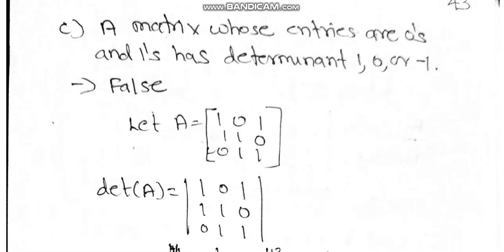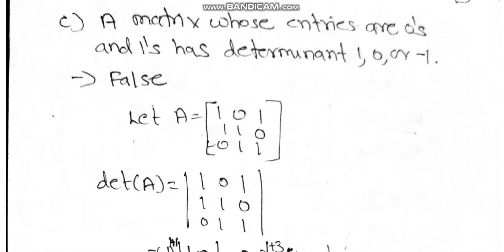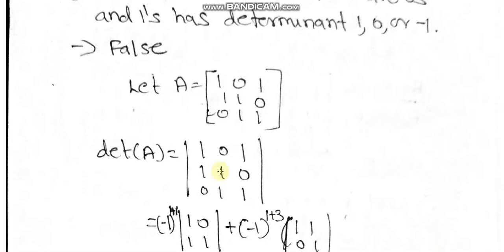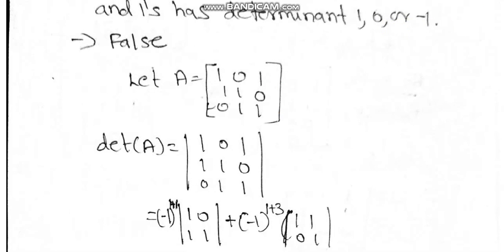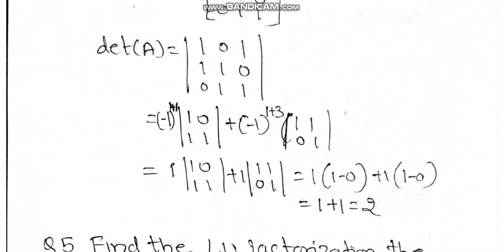Next is: a matrix whose entries are zeros and ones has a determinant of 1, 0 or minus 1. If I take the entries in terms of ones and zeros, what will be the determinant of this? Either it should be 1, 0 or minus 1. Just check the example. What you are getting is 2. So it is not that for all combinations.